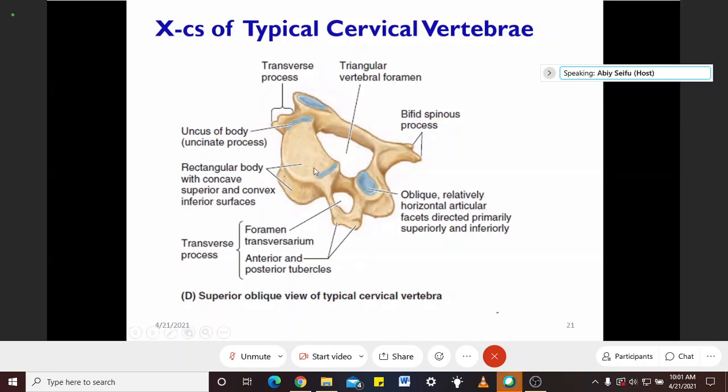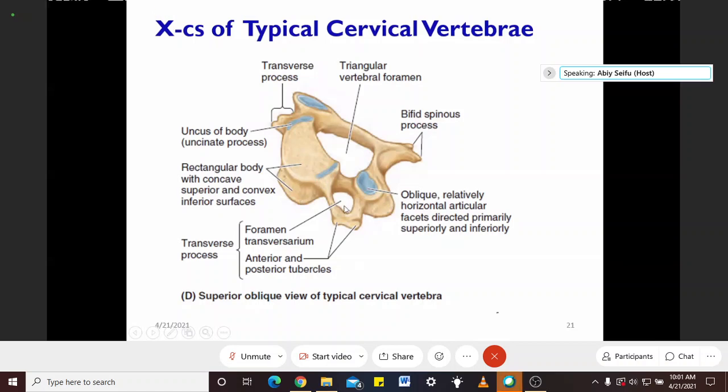This one is the bodies of the cervical vertebrae, as you have seen here, which is rectangular, wider from lateral to lateral, and smaller in size.